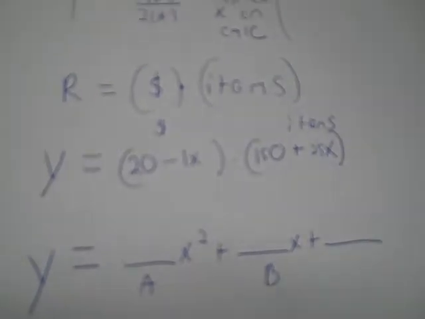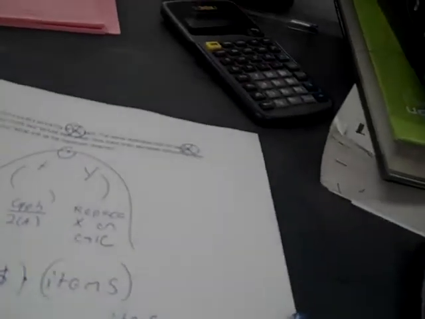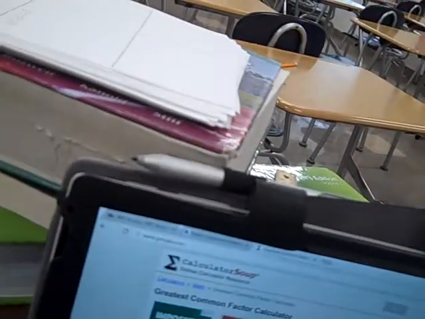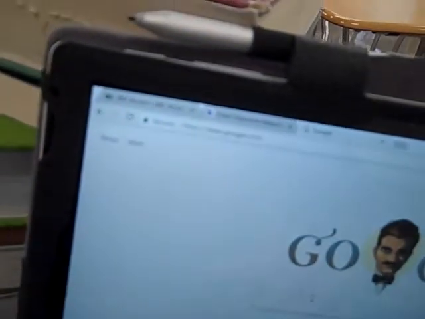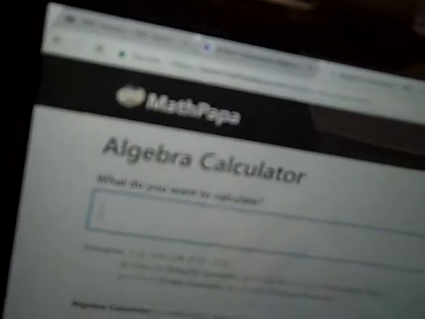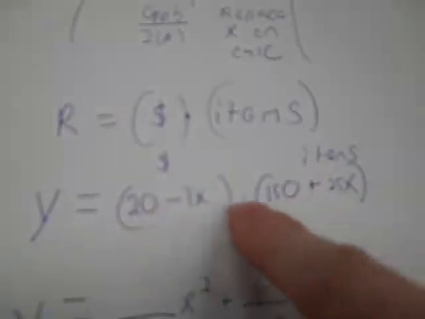Because that's my A and that's my B. Now, to multiply this out, you can do your rainbows, but I've actually found, since you can have your phones and computers, go to Google search, okay, and type in this phrase, math PAPA, P-A-P-A, and then the algebra calculator pops right up, okay? And then you just multiply that out.